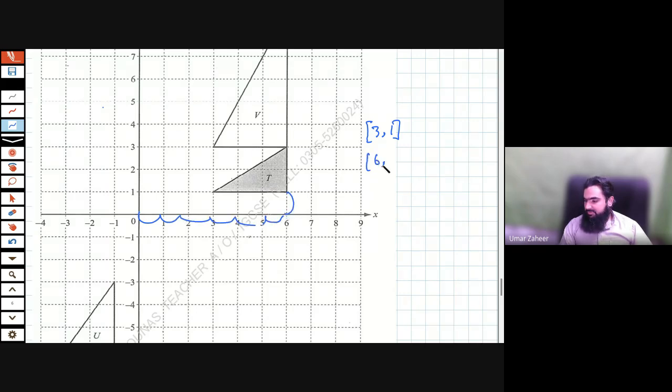So it will be (6, 1). The next is 1, 2, 3, 4, 5, 6, and 1, 2, 3. So the next distance is (6, 3). Here the center of rotation is the origin, that's why the point is exactly the same. But you have to take the distance this way. Any question up to here?